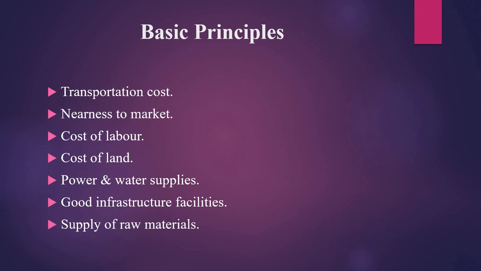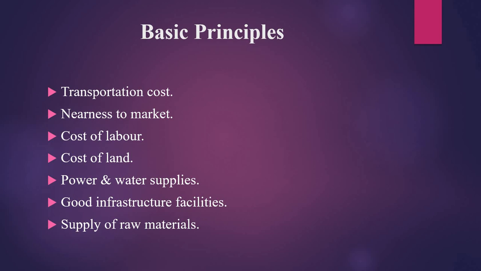All three kinds of labor are required to run any business, so all three should be available at an economical price. Next is cost of land. Land is the place where the company or factory is established. The land may be purchased or rented, but it should be economical.